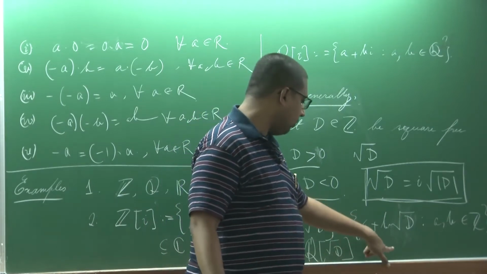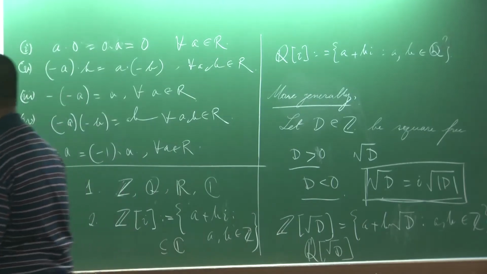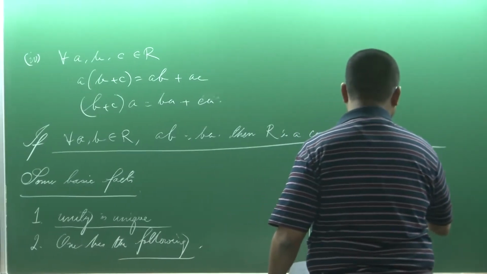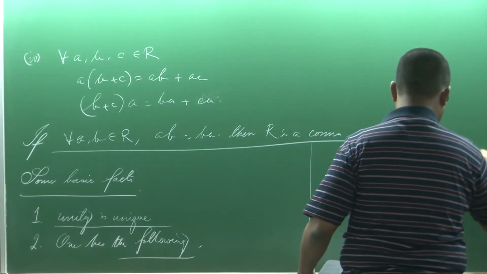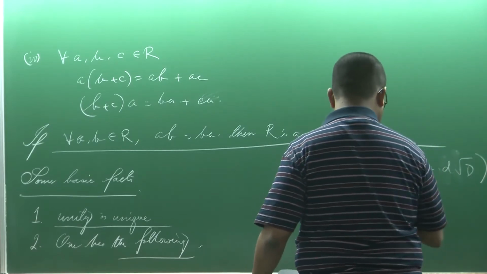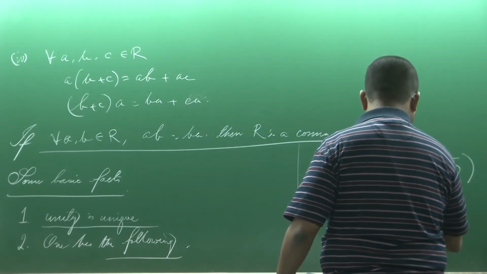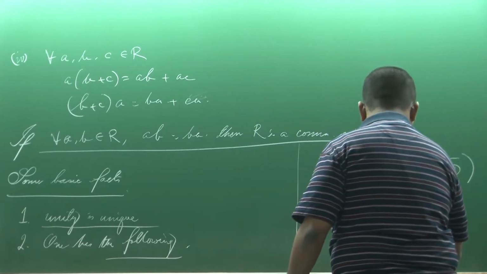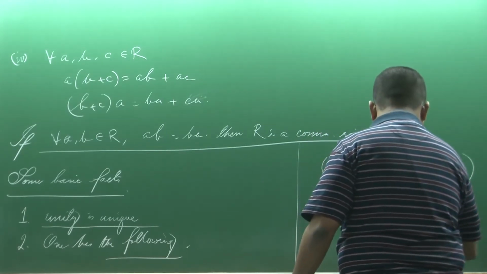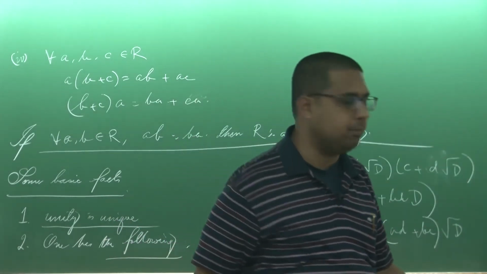If you want to verify the multiplication, take a + b root D times c + d root D, which gives (ac + bdD) + (ad + bc) root D. That clearly shows that this is closed under multiplication.